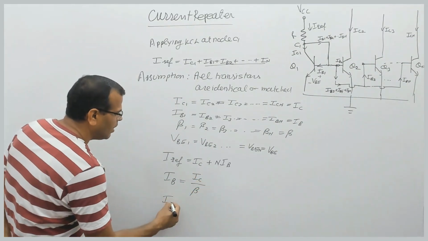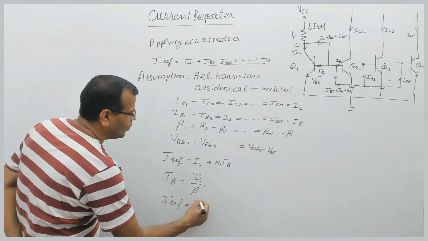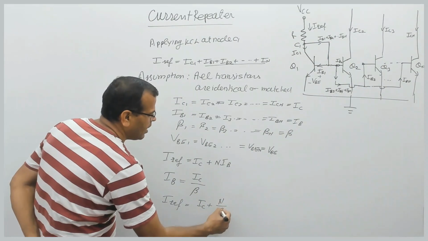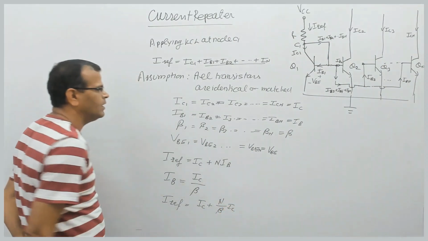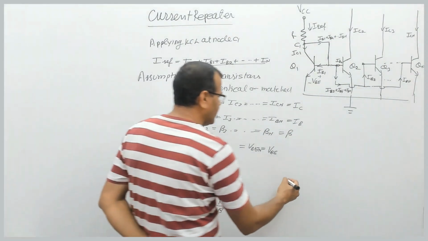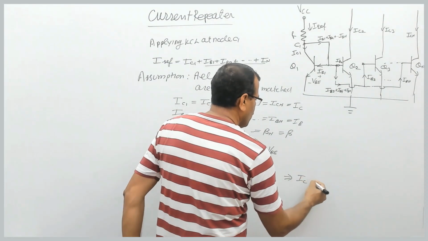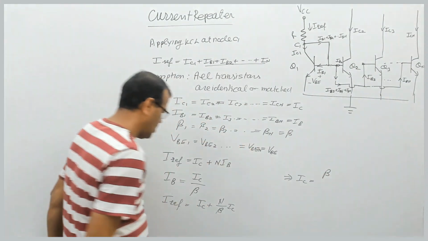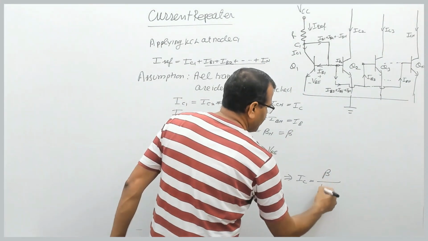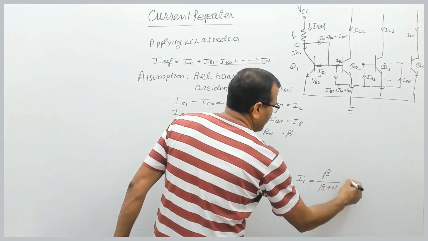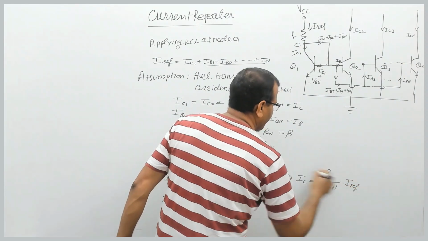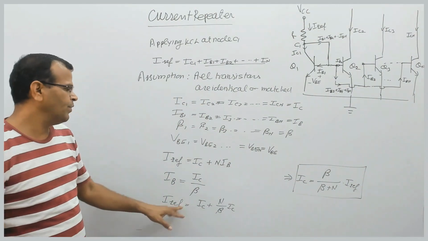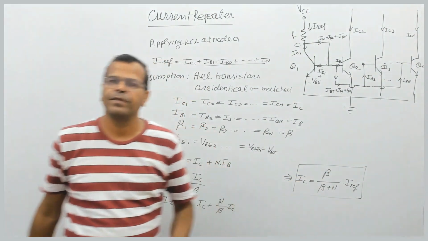So this gives IREF is equal to IC plus N by beta into IC. Or further, I can write IC equal to beta by beta plus N into IREF. So you can find the collector current if you know the IREF.